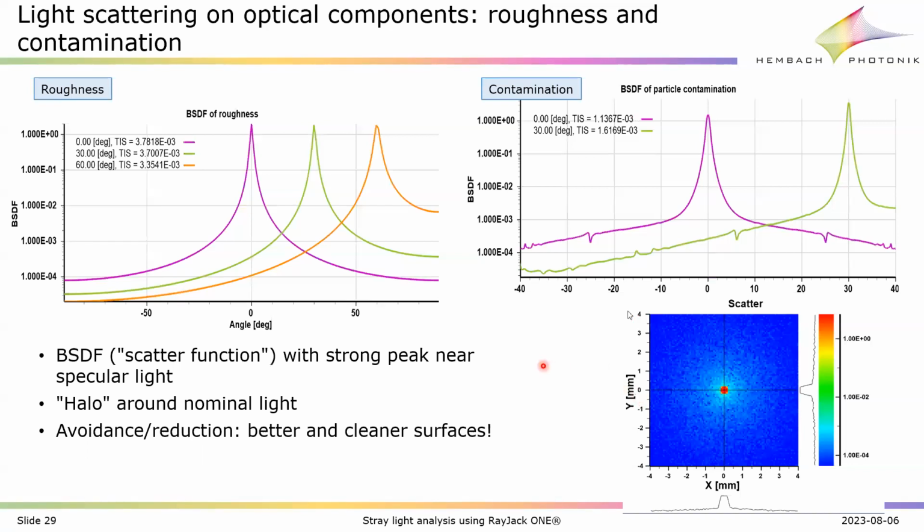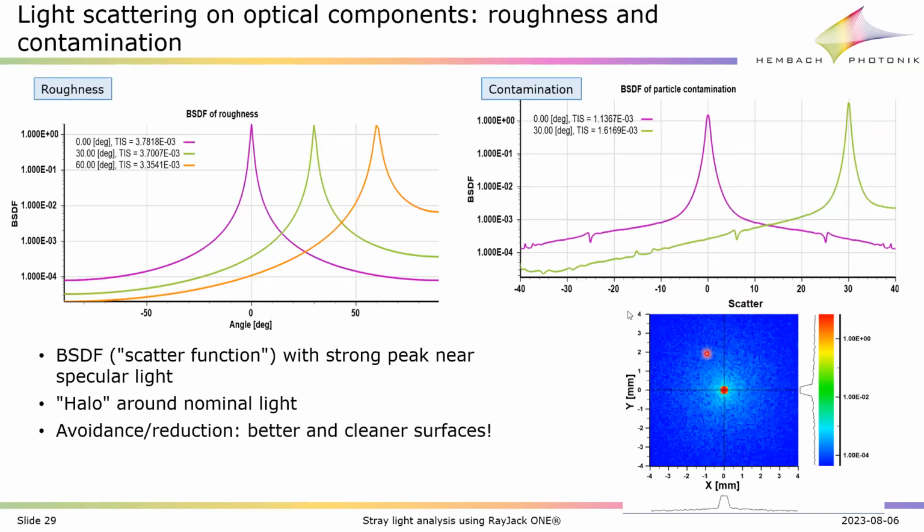Now, when looking at optical surfaces, there are 2 effects. One is roughness, which is unavoidable due to the polishing process and typically leads to a very pronounced peak in scattering. The same is true with contamination. So when particles are on the surface, they also will produce such a peak.